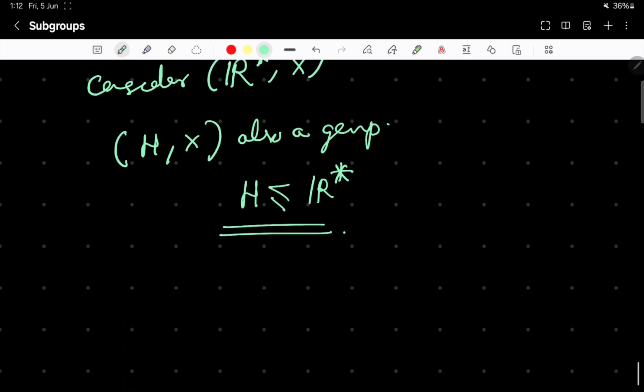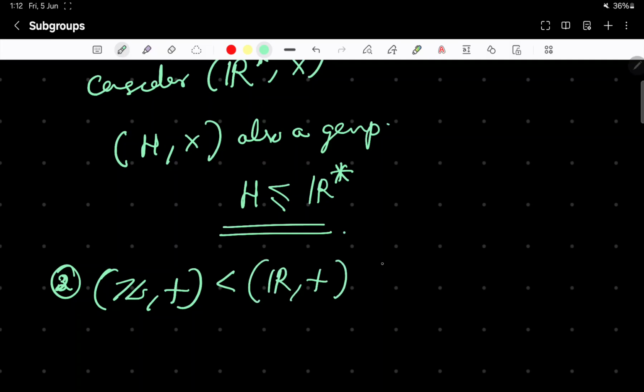In this fashion you can see many groups like that. We have seen that the integers under addition are a proper subgroup of R under addition. R under addition is again a subgroup of C under addition, right?